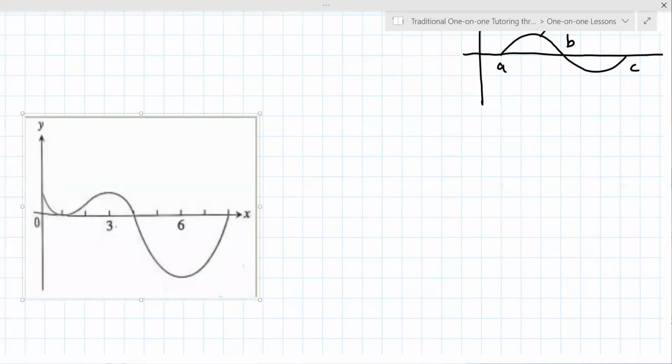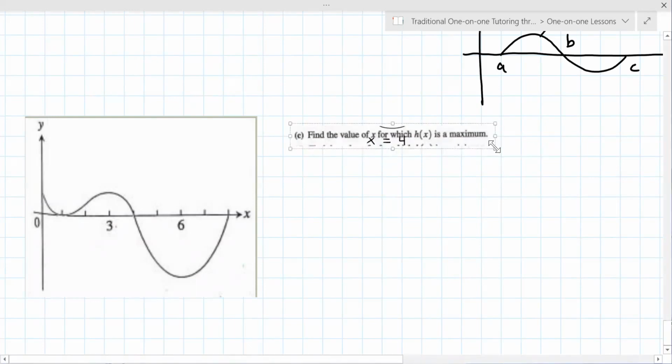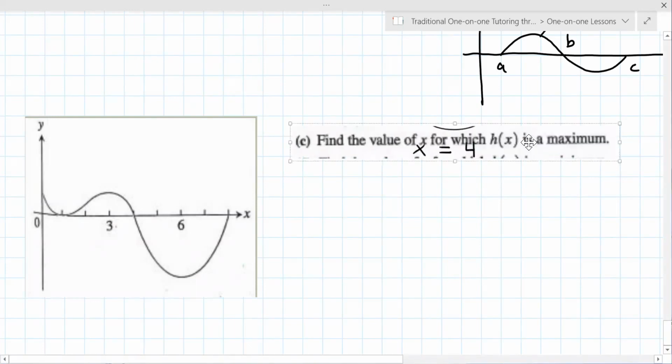Okay, and then part C says find where there's a maximum. And this is super confusing, I think, because you're like, wait, I did maximums with derivatives, but it's saying that because h of x is the area under the curve, it's the integral from 1 to x of f of t dt.